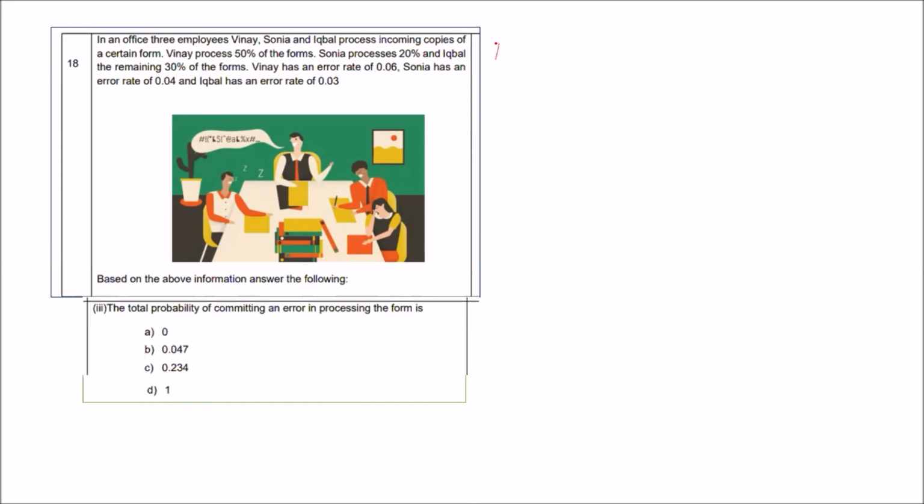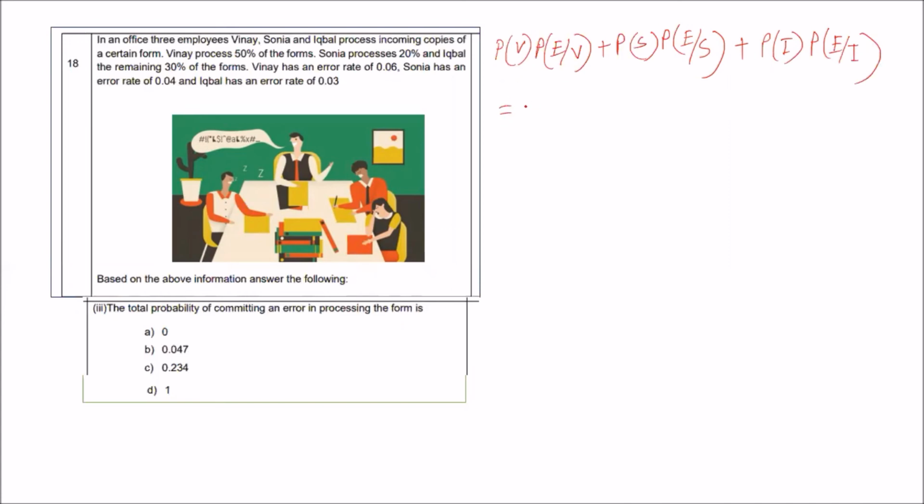That means probability of Binoy as well as error from Binoy, probability of Sonia into probability of error from Sonia, plus probability of Iqbal into probability of error from Iqbal. So put the values and get the answer.